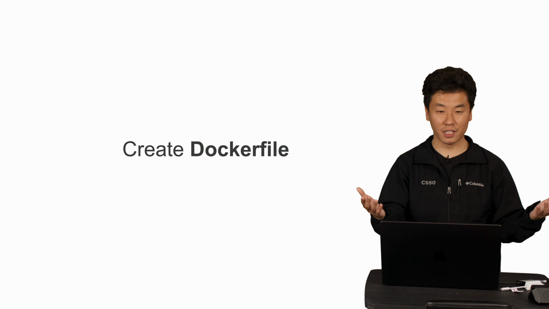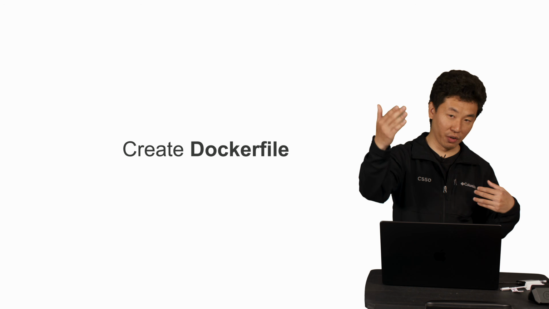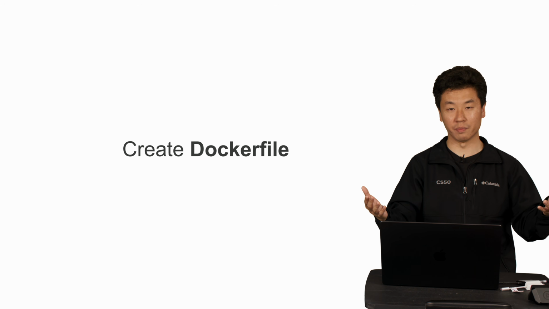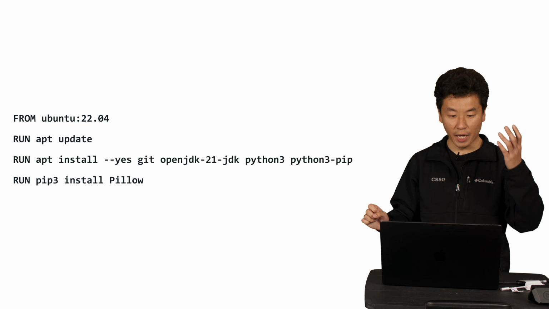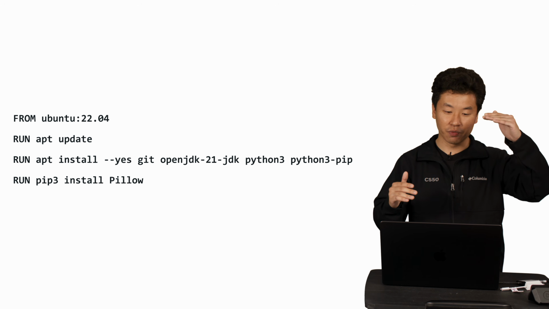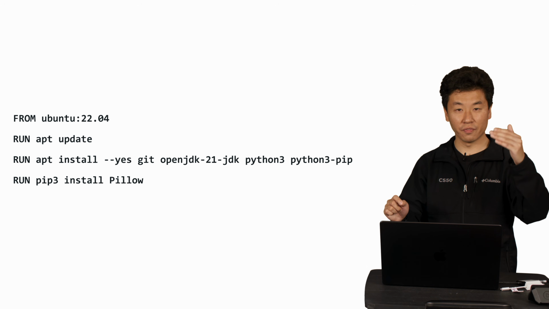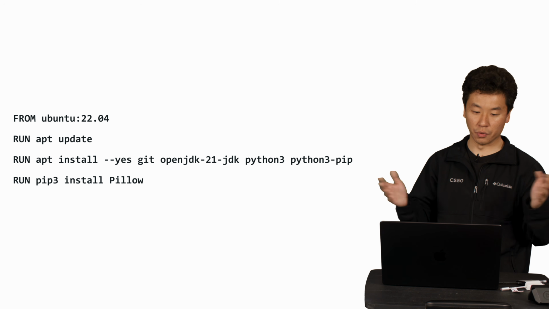Now I have a repository, but it's empty. There's nothing in it. First thing we need to do is create a Docker file. As I mentioned previously, we need a Docker file and a dev container JSON file to create a CodeSpace. Now we're going to create the Docker file. Again, the Docker file will contain these 4 lines of text. The first line defines the underlying operating system we are going to use, which is Ubuntu.